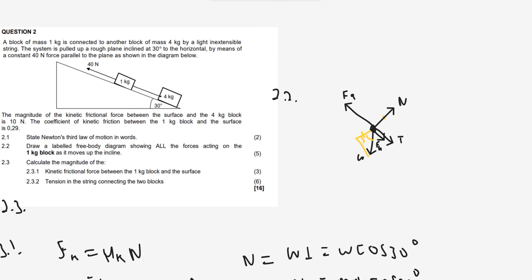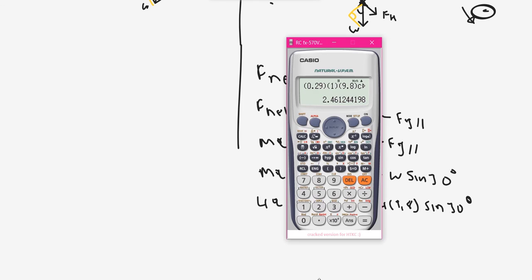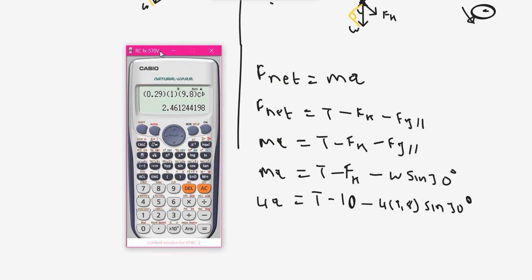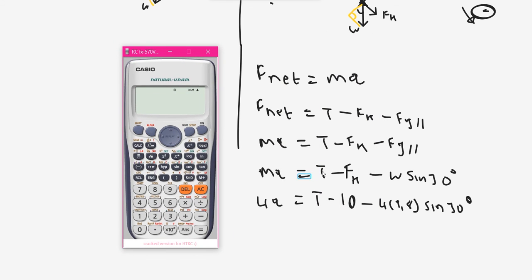Let's continue, and now we're going to say 10 minus all this. So here it's negative, okay, it's going to be negative 10 minus 4 times 9.8 sine 30 degrees.